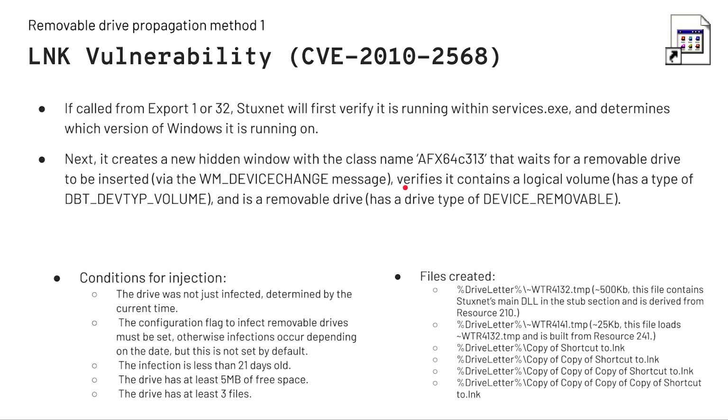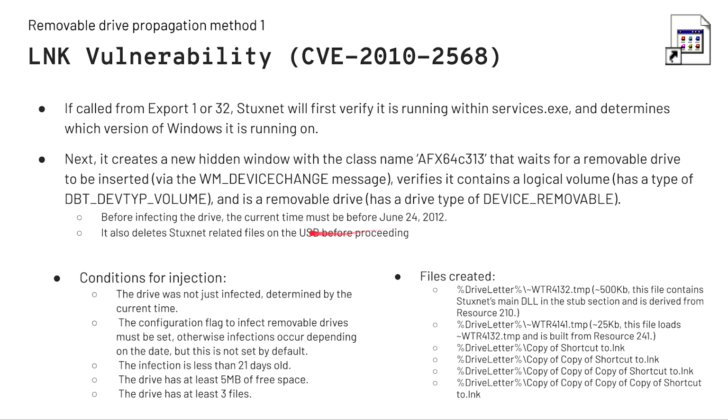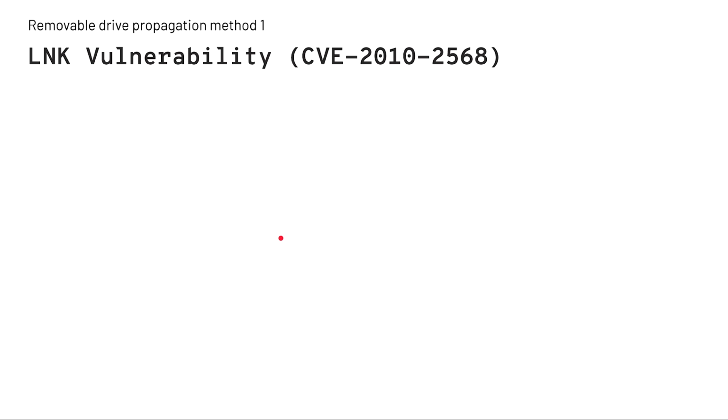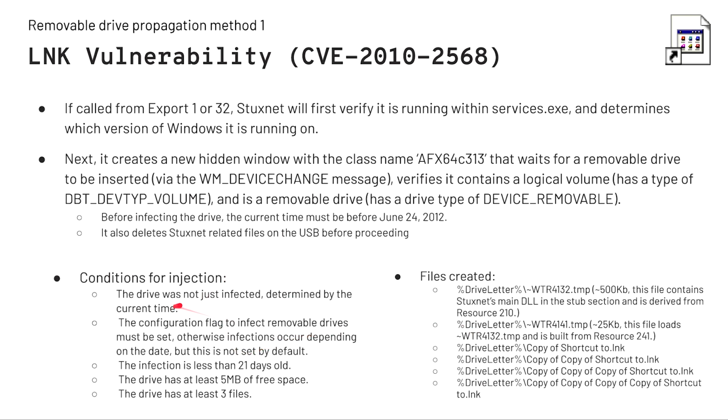So think of Stuxnet waiting in the background for USB, and once that was done, it would just copy the files to that drive. It will also do a timestamp check, and then it will delete files that were previously on that drive before proceeding. And you can see on the bottom the conditions for infection: that the drive wasn't infected, that the flag to infect drives was on.